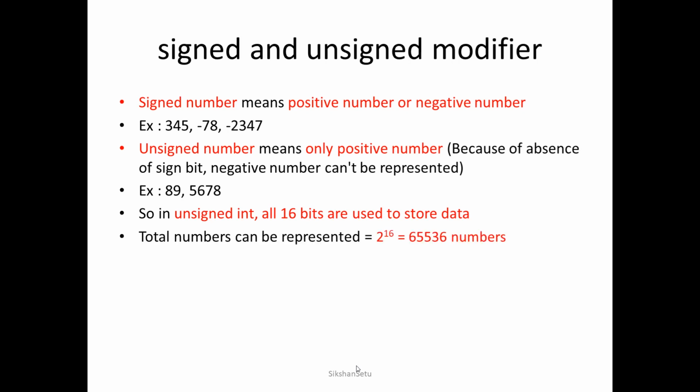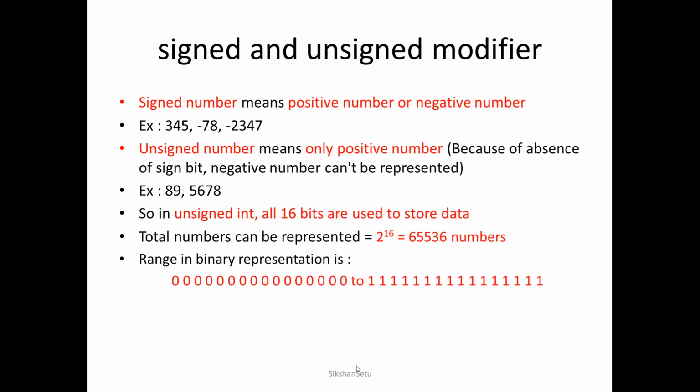So total numbers that can be represented is 2 raised to 16, which is 65,536. Now if we represent this range in binary, we can see that from all 16 bits are 0 to all 16 bits are 1. So the range is 0 to 65535. Total 65536 numbers.